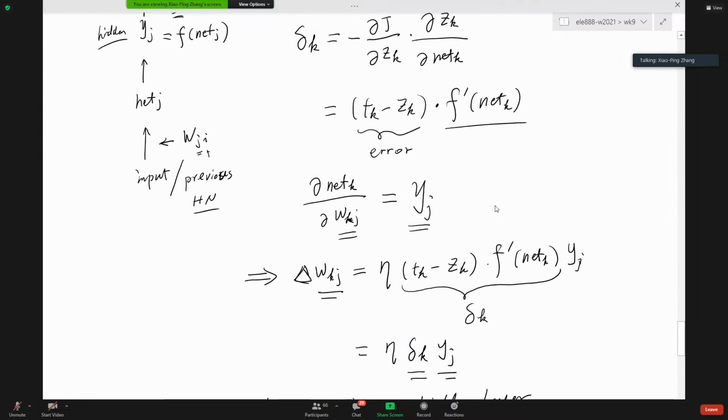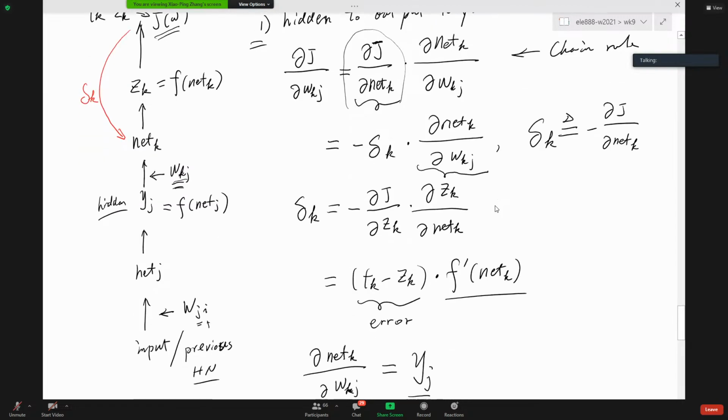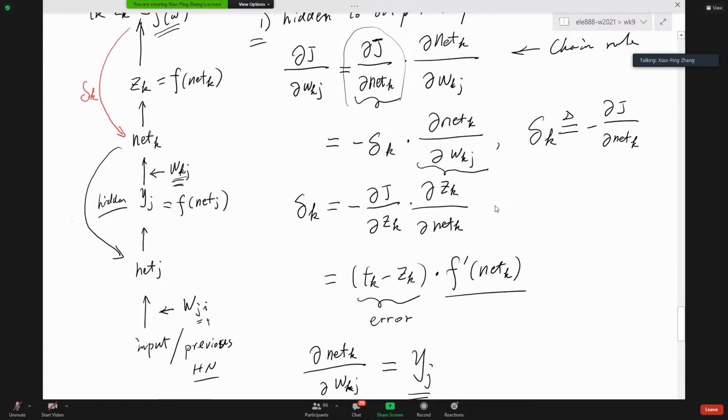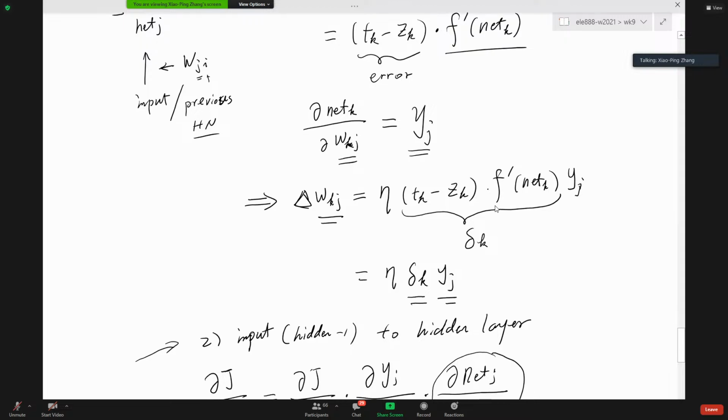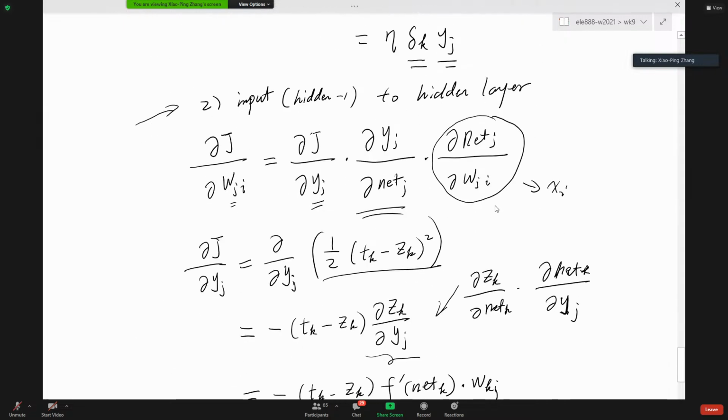So basically that's delta K, and then you propagate here is delta J. Let me pause a second to appreciate how this is propagated.